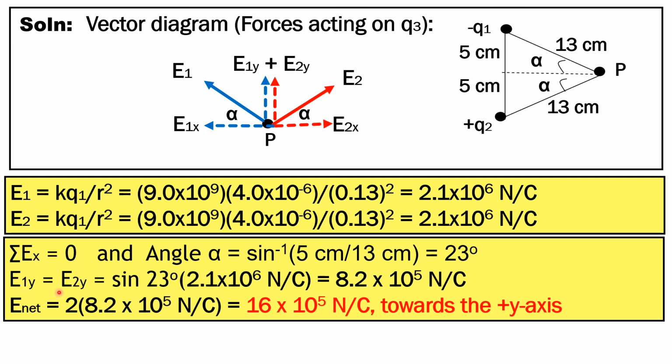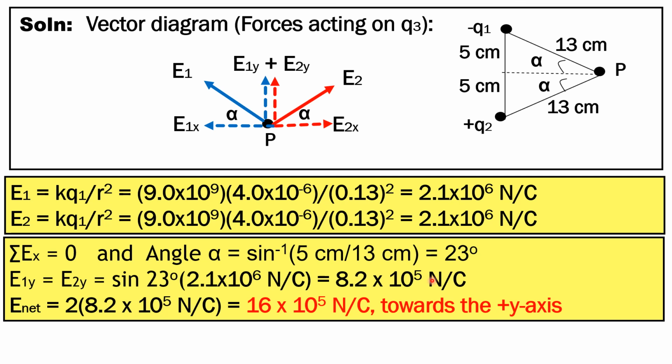For the vertical components, E1y and E2y, we cannot cancel them because although they are equal in magnitude, they are in the same direction. So each one is determined using sine of the angle, 23 degrees, multiplied by the computed value for E1 or E2, which is 2.1 times 10 to the 6 newtons per coulomb. Using your calculator again, each of E1y and E2y is equal to 8.2 times 10 to the 5th newtons per coulomb.